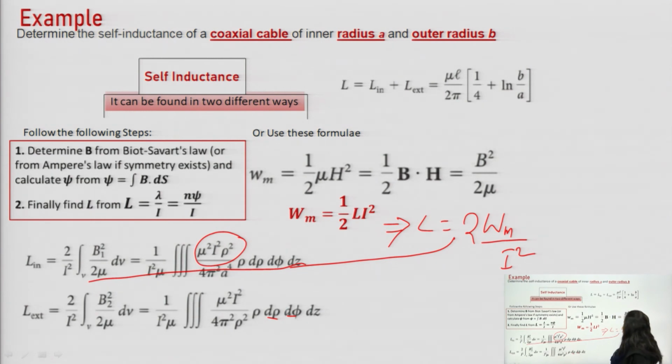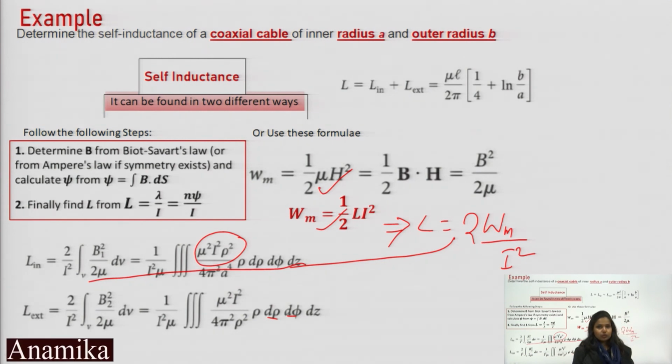After simplifying this we get the same value that we derived in the previous method, but the later method is easier. So you can use the later method, in which only these two formulas are required. It is less difficult, so we can use the later one for more problem solving. So this was all about today's class.